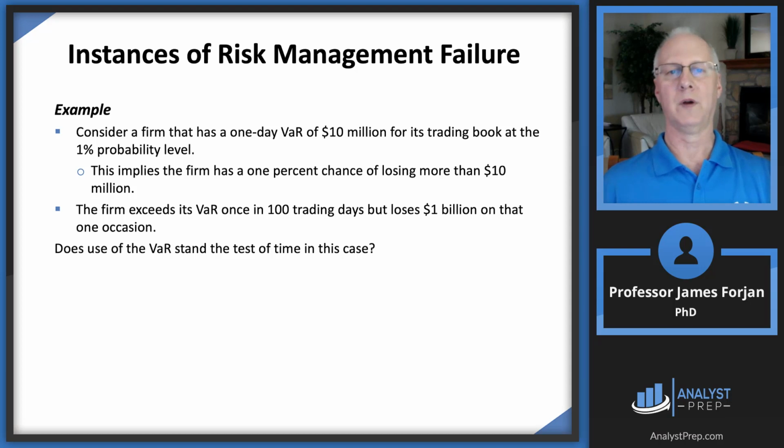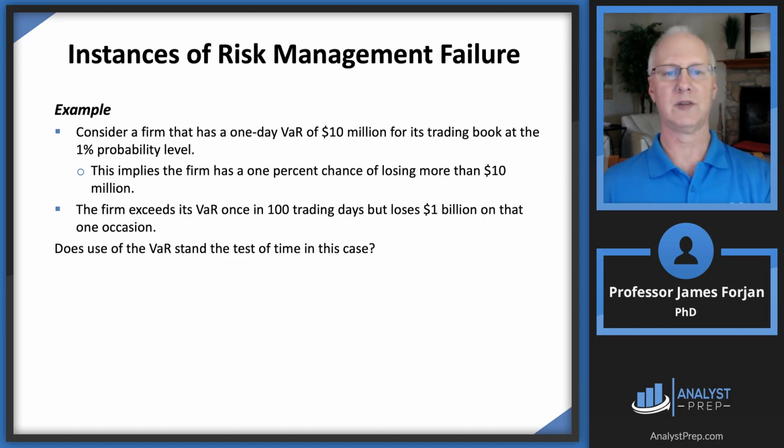Take a quick example here. We have a one-day value at risk of $10 million at the 1% probability level. So what does this mean? That means that the firm has a small 1% chance of losing in excess of that $10 million. So here's what I was talking about in that previous slide.